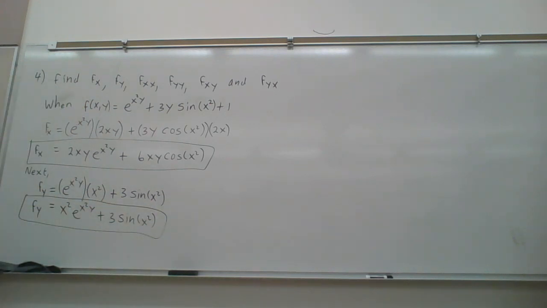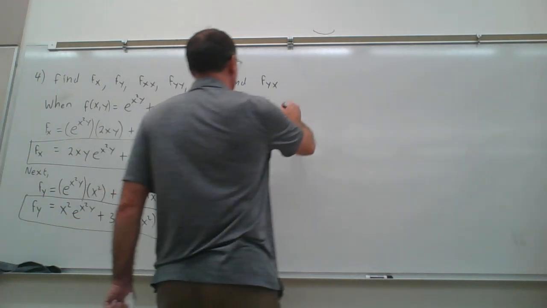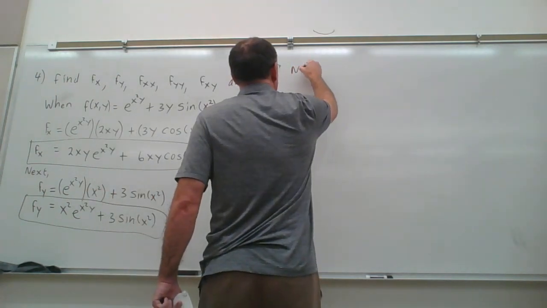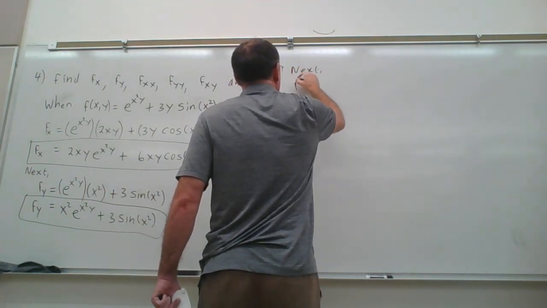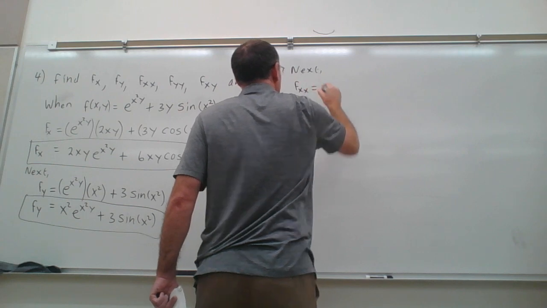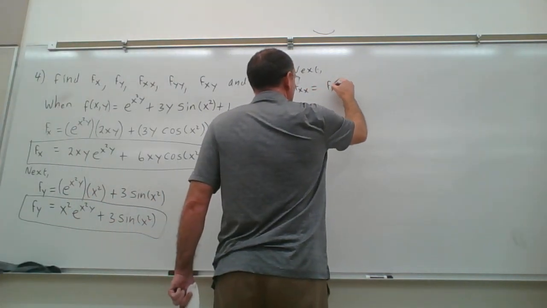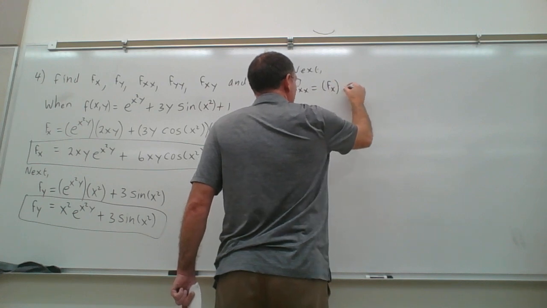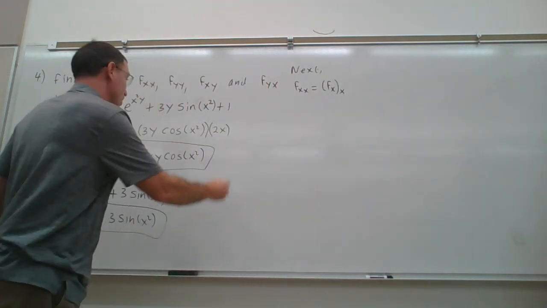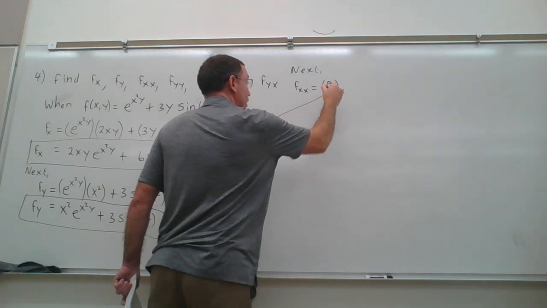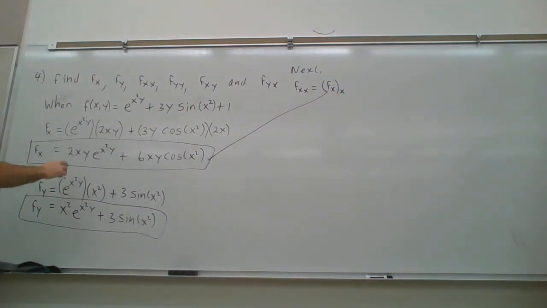Okay, next let's do, say, f double x. F double x means the fx, then derivative with respect to x again. So we'll be looking at this guy, derivative with respect to x.